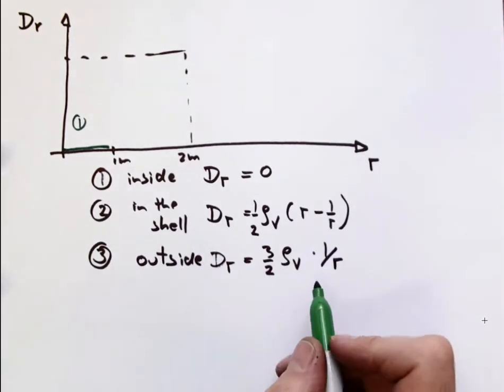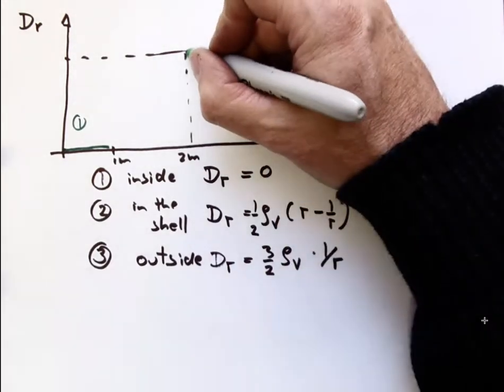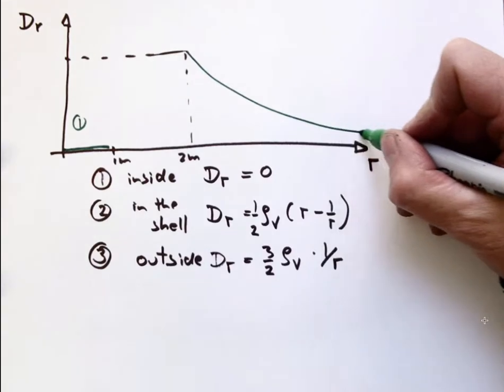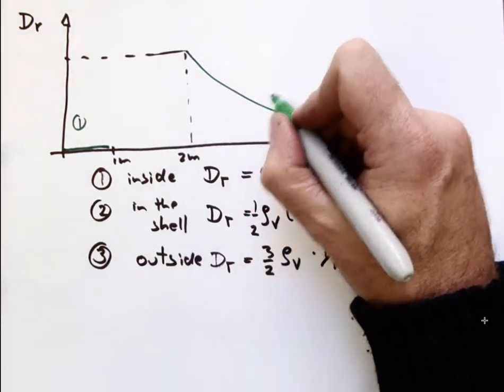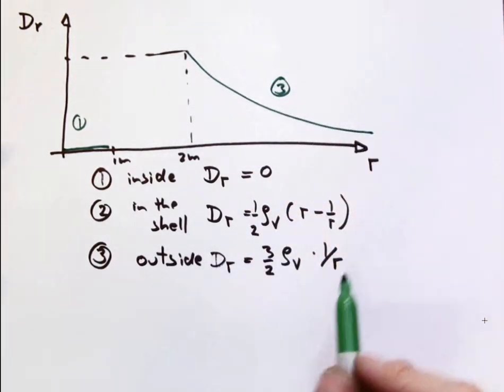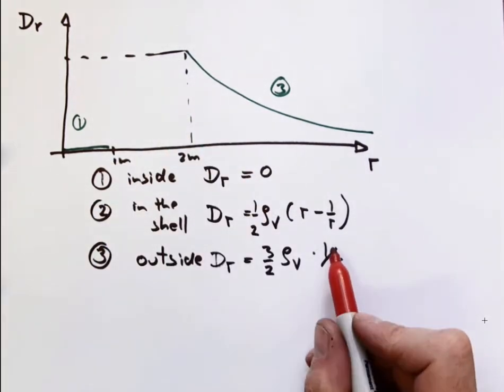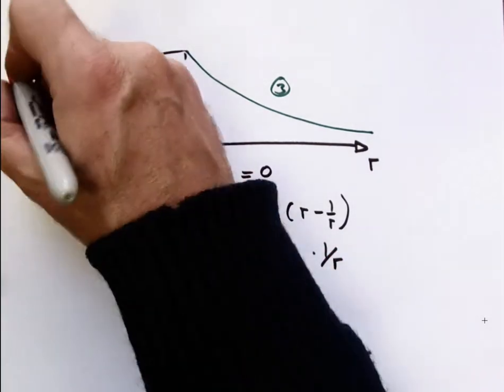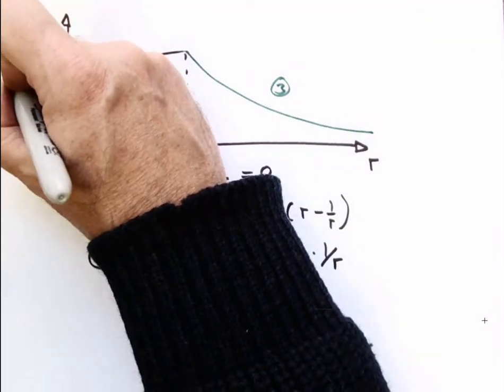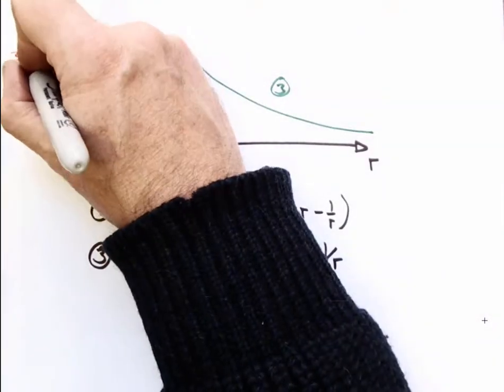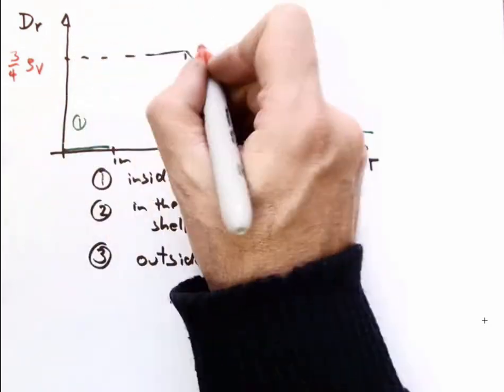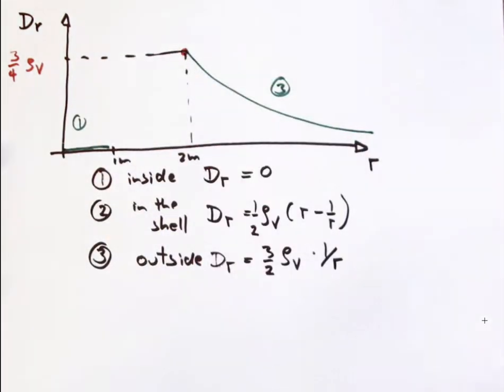Outside the shell it goes with 1 on r, so asymptotically going to 0. The value at this point is 1 over 2 times 3/2, therefore 3/4 rho v, that's this value at 2 meters.